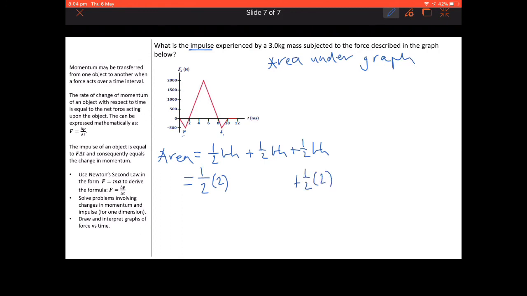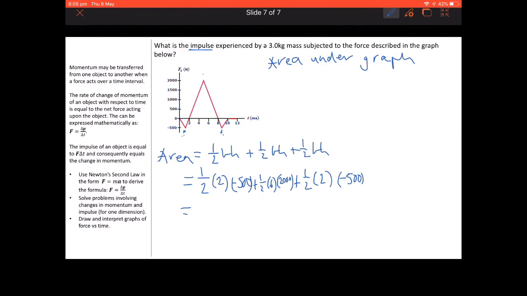The height of both of these is the same as well: negative 500. I hope I've left myself enough room. And then of this big one here, the base is 2, 4, 6, 8, 6, and the height is 2000.